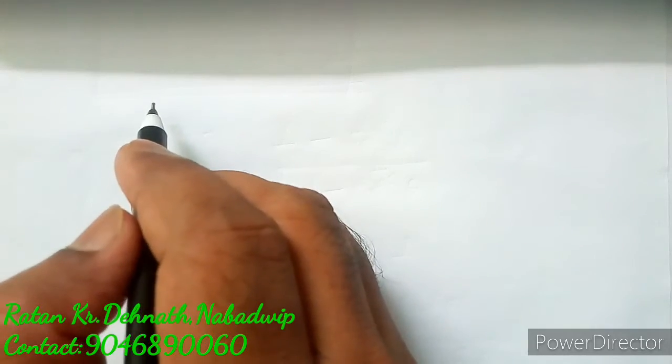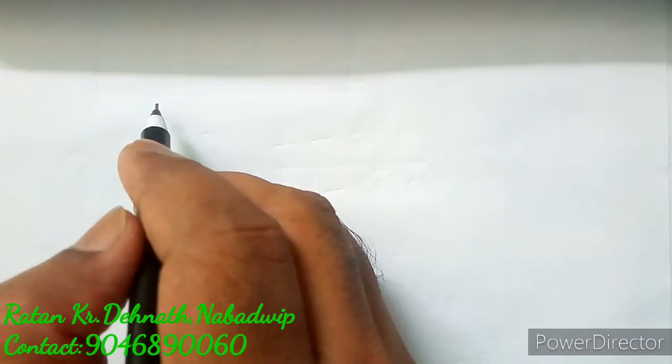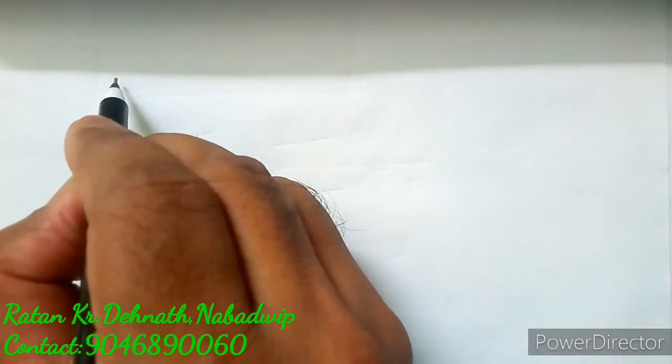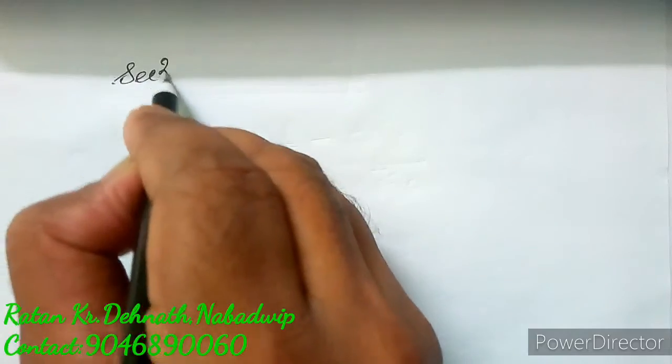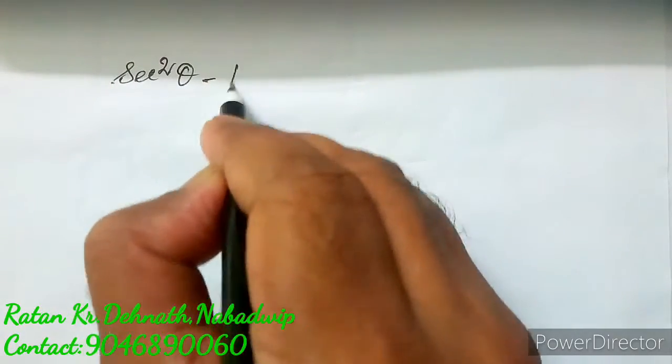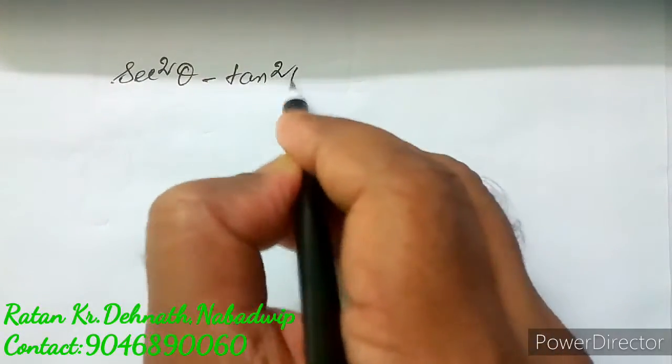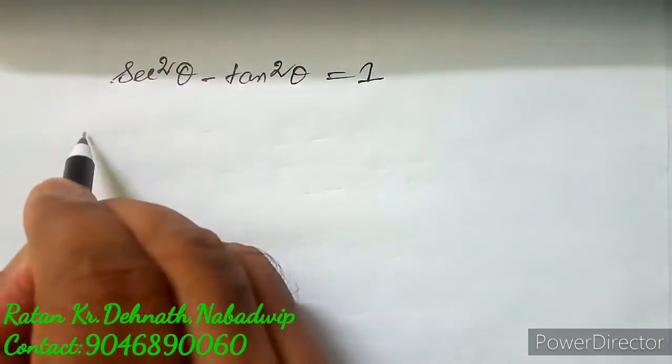Let us discuss other forms of the second formula. We have sec square theta minus tan square theta equals to 1.